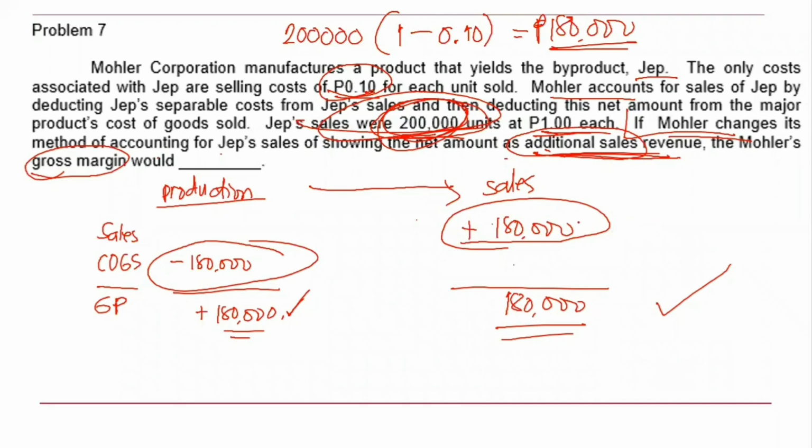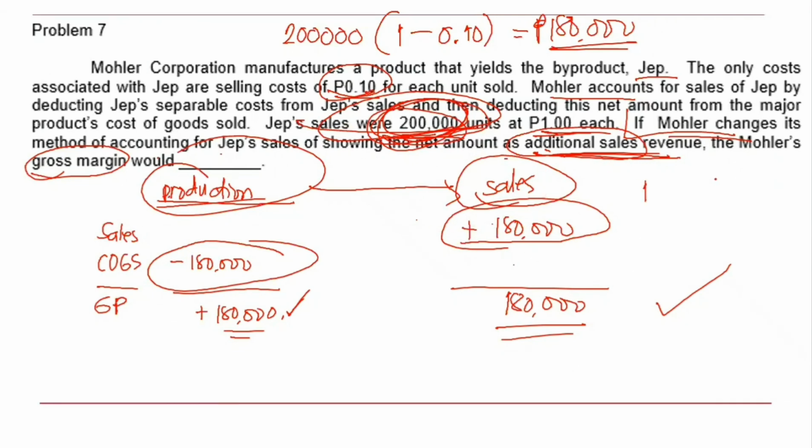Tulad nga nasabi ko, halimbawa, first week of the month, na-produce mo na. Tapos, nabenta mo rin the following week. Pag na-record mo, in that particular month, wala pong difference sa gross profit.